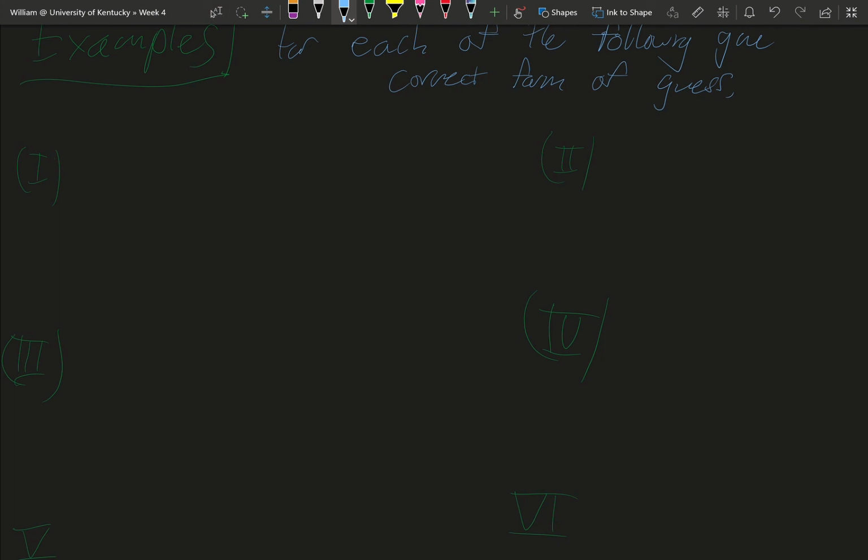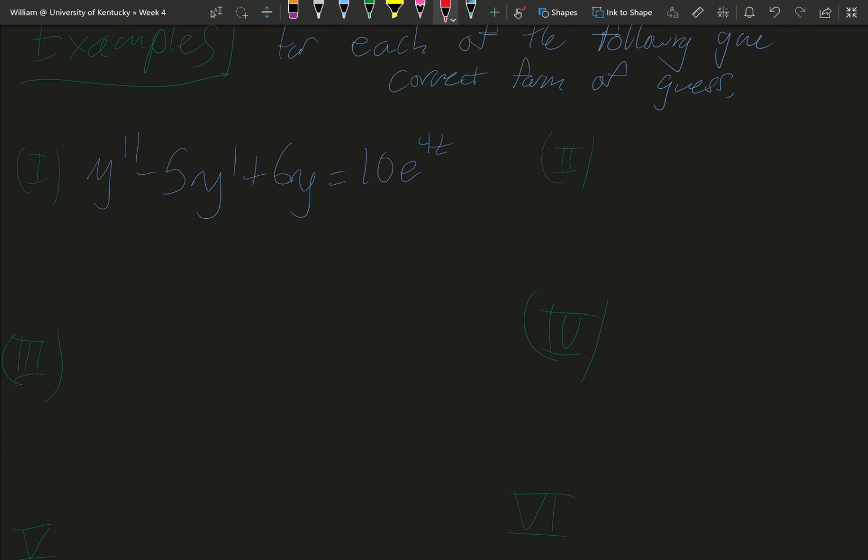Give me 1 second. So for our first one, we have y double prime minus 5y prime plus 6y equals 10 e to the 4t.